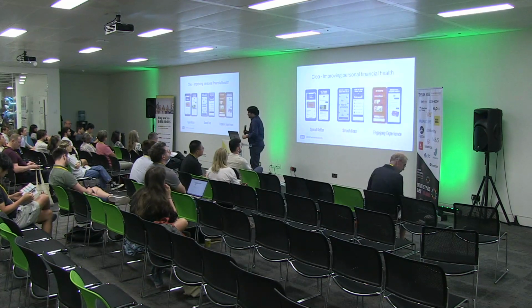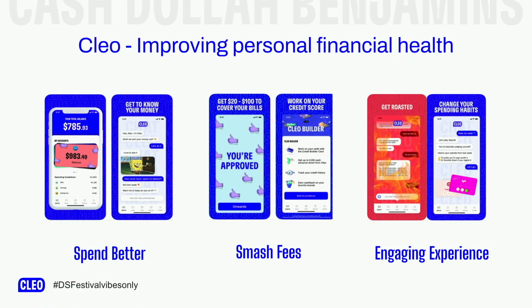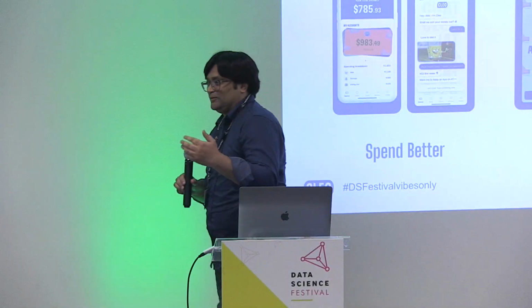On top of that, it provides users with an engaging experience, which is quite different from the other banks they usually work with. It has a popular feature like Roast Me, where they can have their spending breakdown sent to them in a roasting manner.